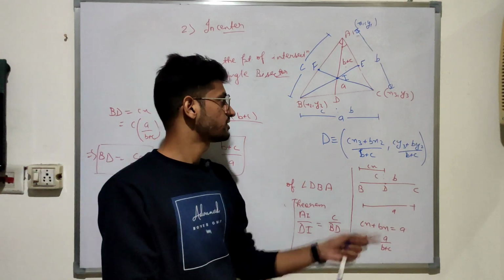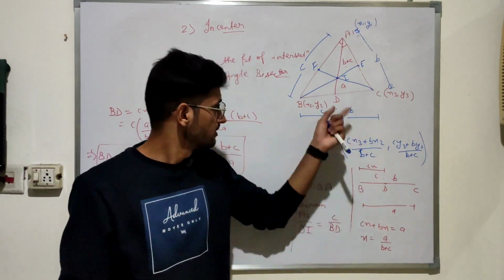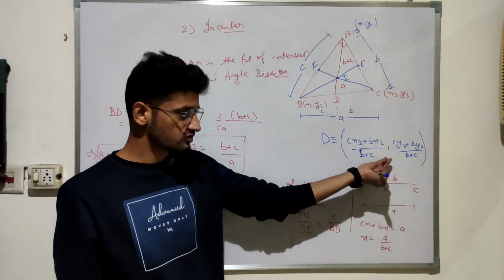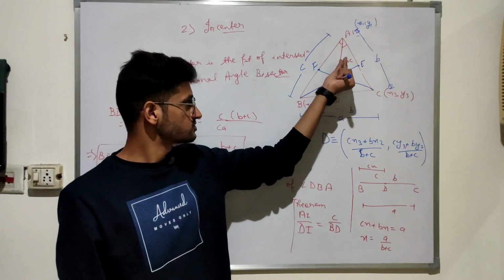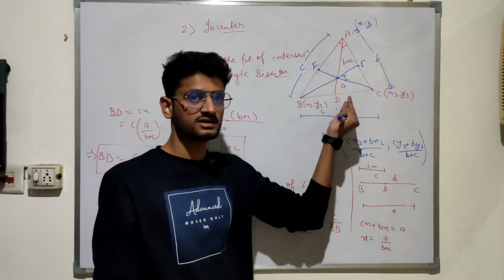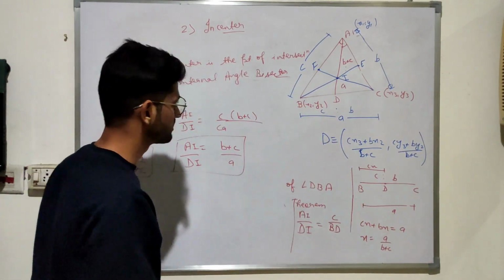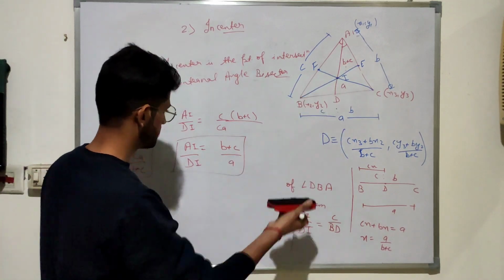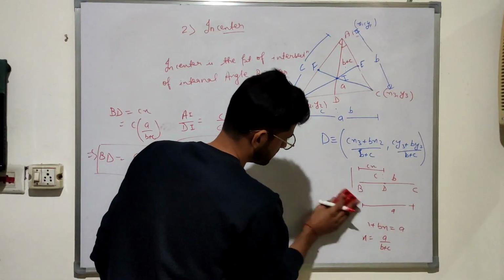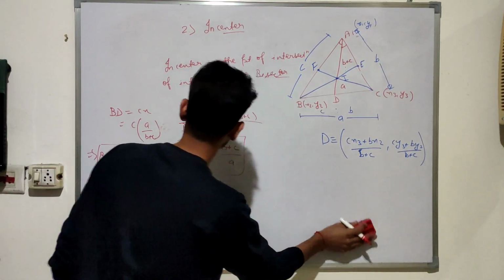So now we can find the coordinates of point I very easily, because we know the coordinates of point D, and we know the ratio in which point I is dividing side length AD. We can use the section formula and easily write the coordinates of point I. Let's see how.